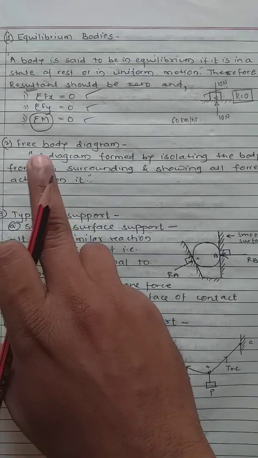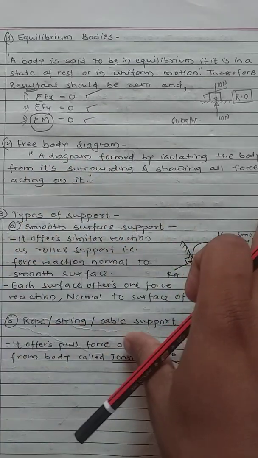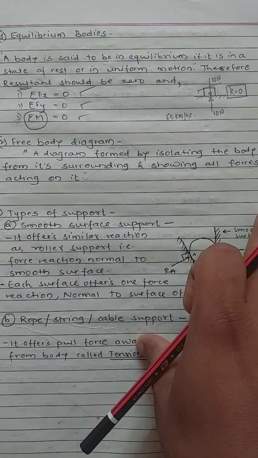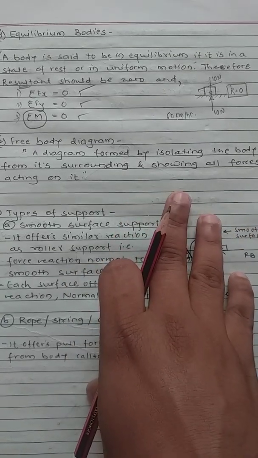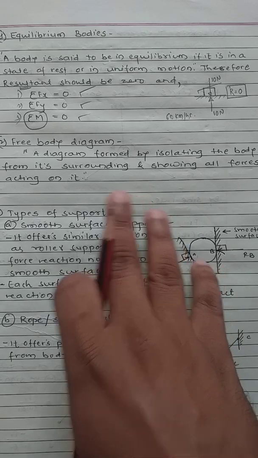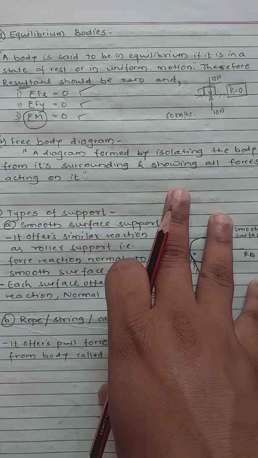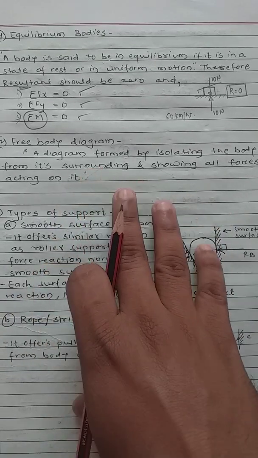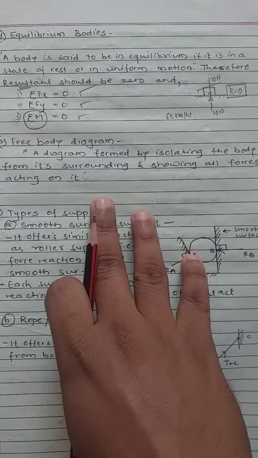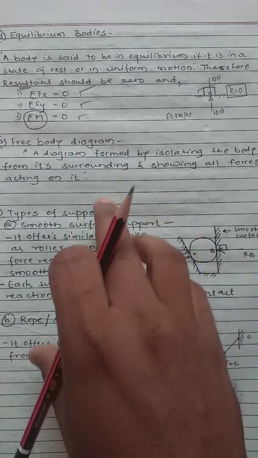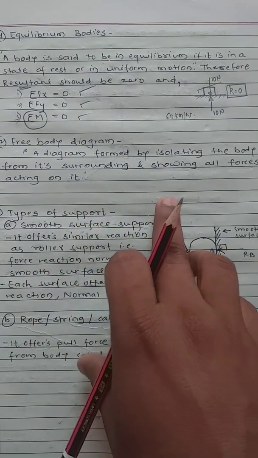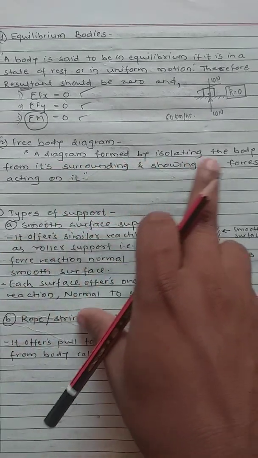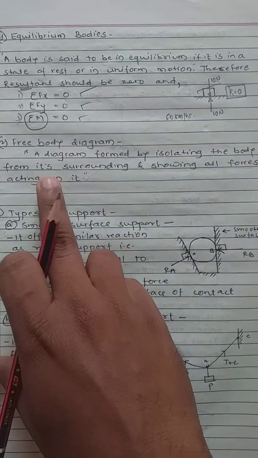Now next is the free body diagram. Free body diagram means in some cases we have to simplify the body. If a number of bodies are attached and a number of forces acting on the body are given, in some cases we have to simplify the bodies. For that purpose we need to draw the free body diagram. A free body diagram is nothing but a diagram formed by isolating the body from its surroundings.